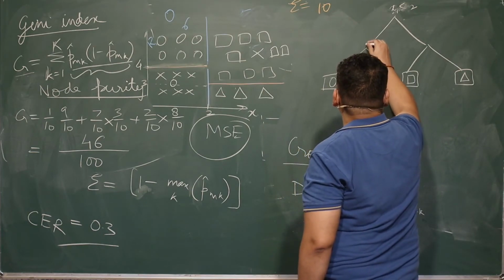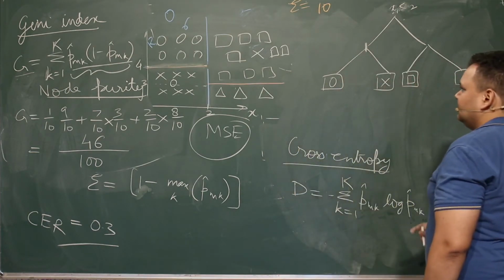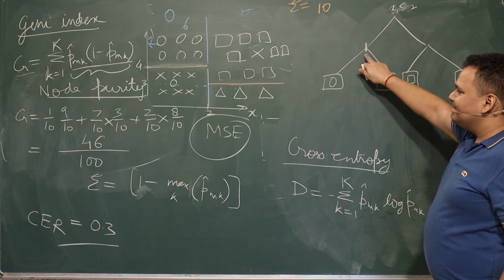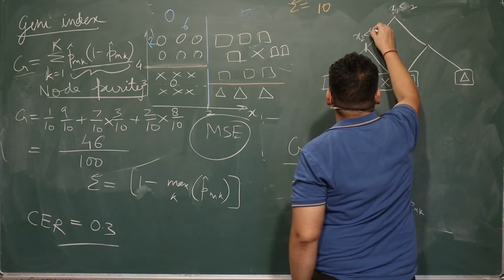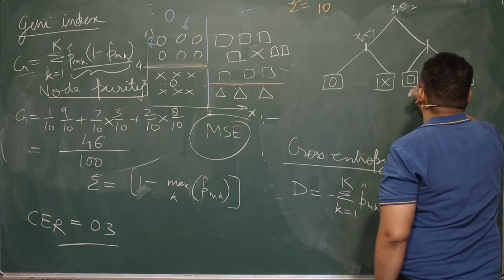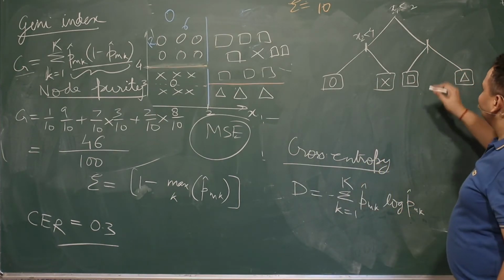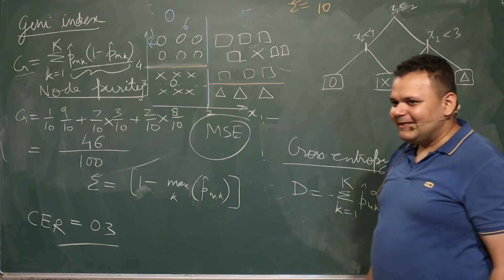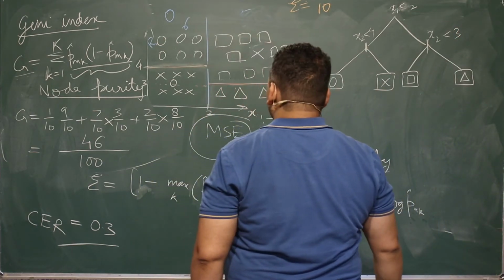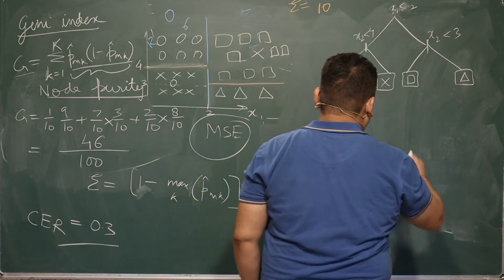Now what is the decision criterion over here? x2 less than 4. What is the decision criterion over here? x2 less than 3. Okay. I made a mistake here, so it should be changed.